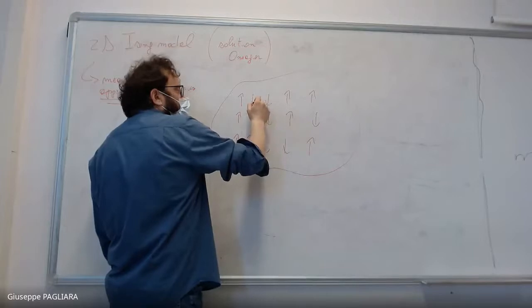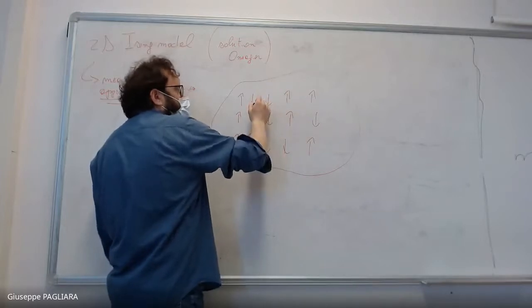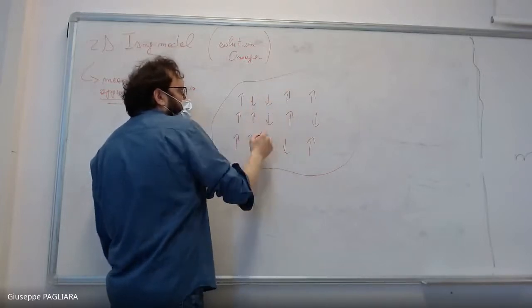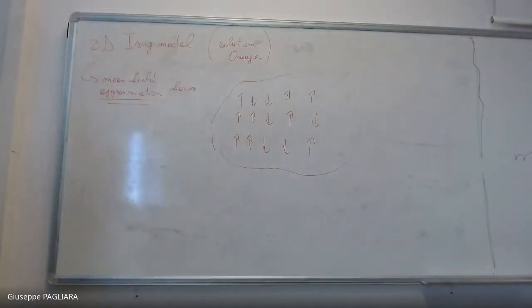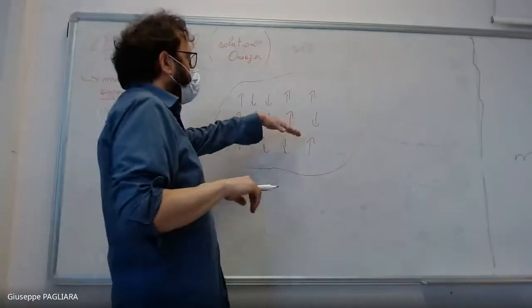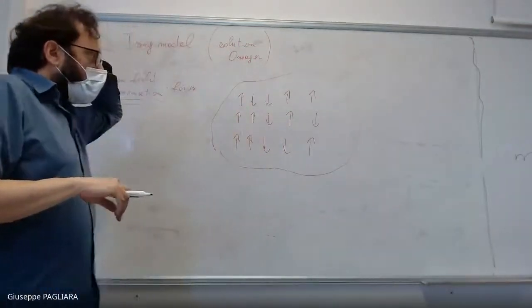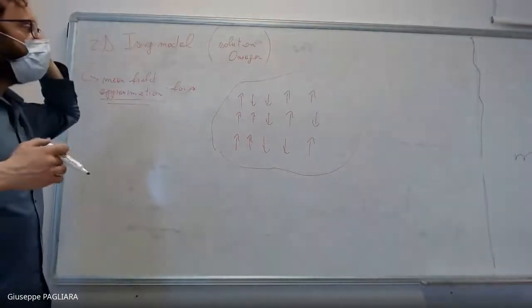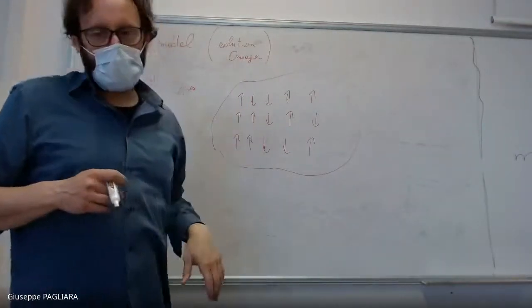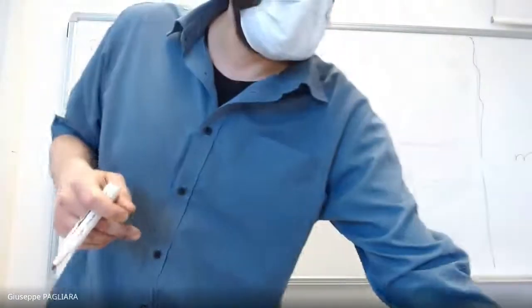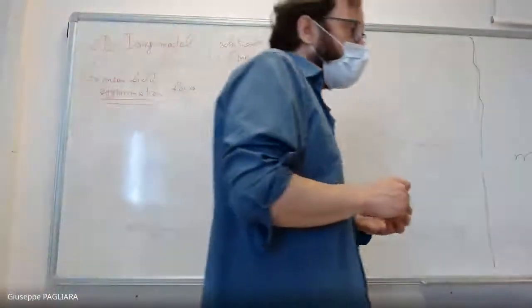Then there are the a little bit less close ones that are this one, and so on and so forth. So I have a hierarchy of interactions between one spin and all the other particles. That is much more complicated with respect to the previous case. And in particular, the results will depend also on how many particles the spin is interacting with.